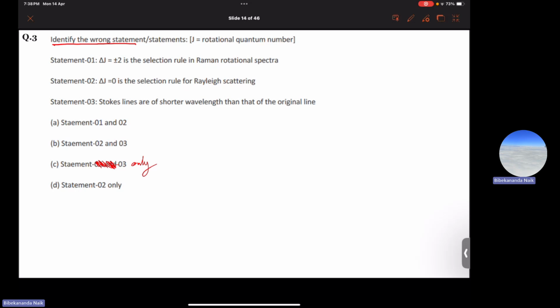So these are the four options, and we need to identify which of these options is wrong. So I would like you to think about this question, what will be the correct option, and then we will discuss it briefly.